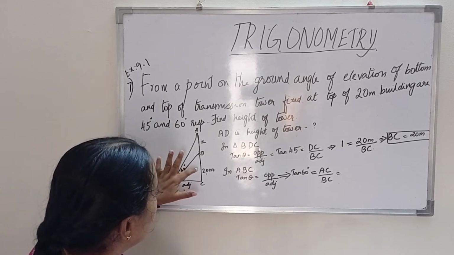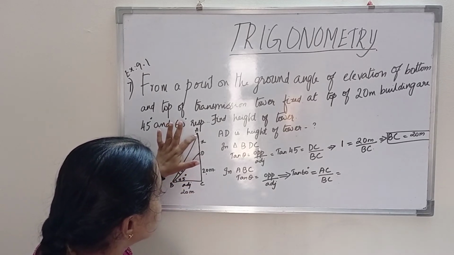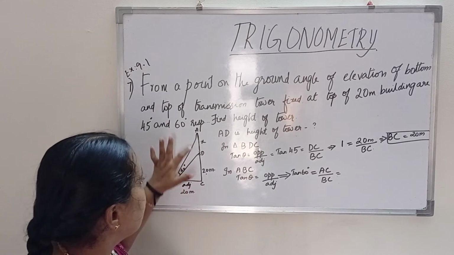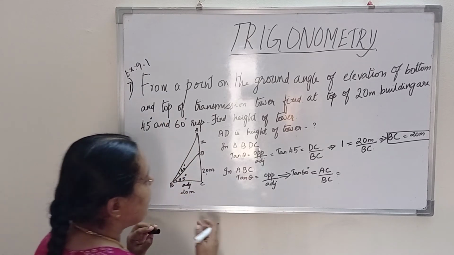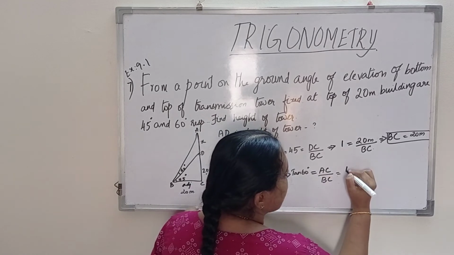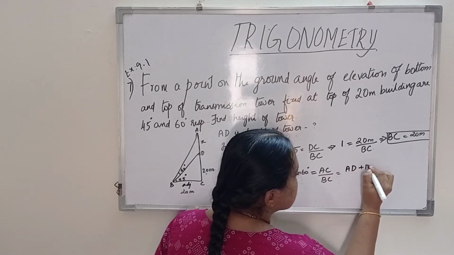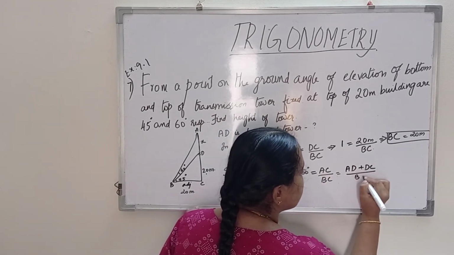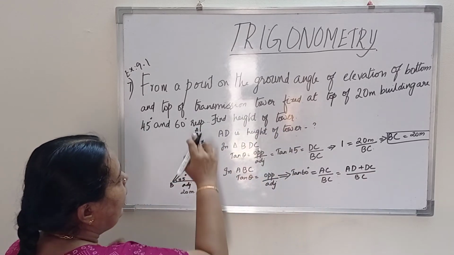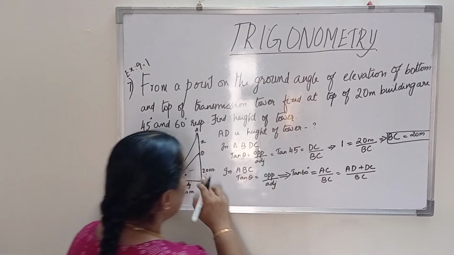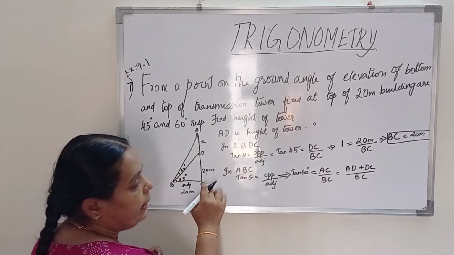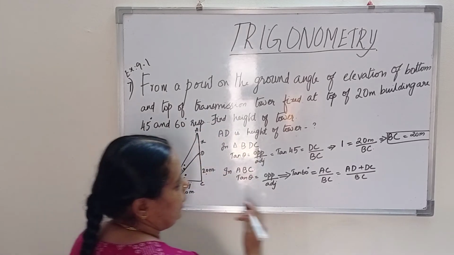But AC is divided into two parts, AD and DC. So AC is AD plus DC. So tan 60 is equal to (AD plus DC) by BC. We know the measurement of DC, that is 20, but we don't know AD.